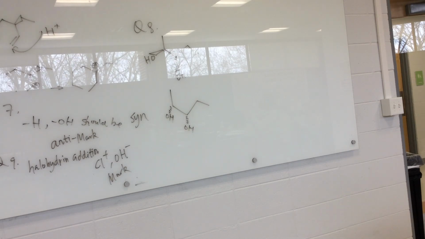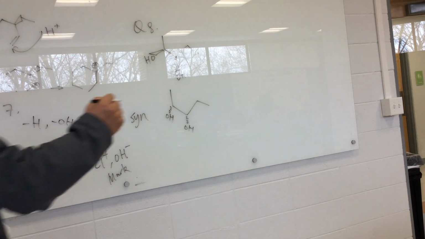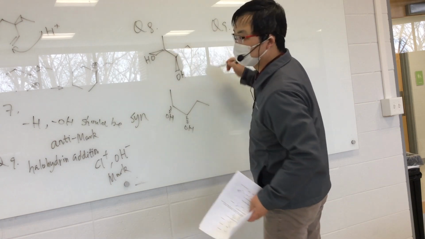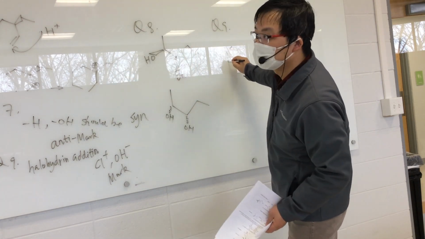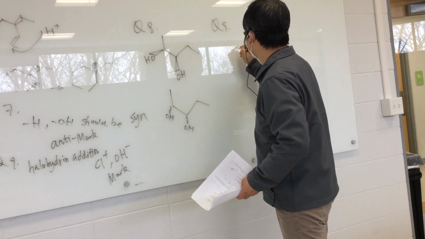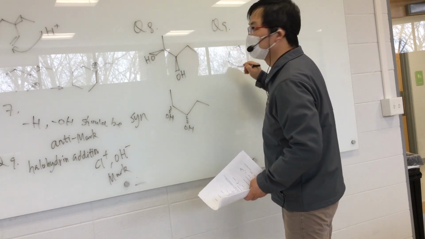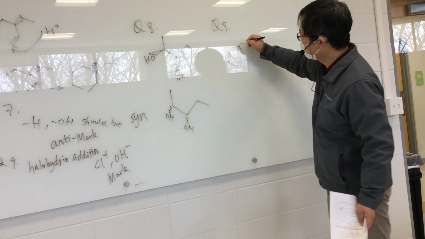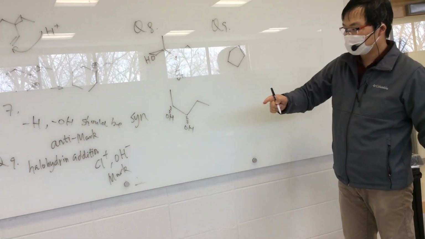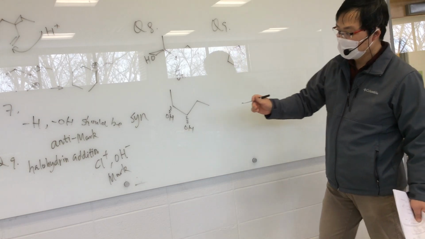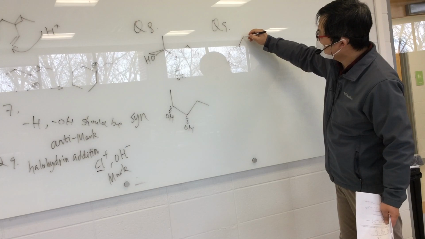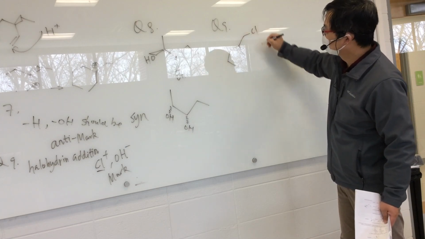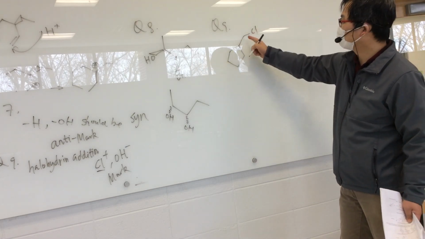Yeah, and then question 9. If you look at question 9, the structure is like this. This double bond is here, right? And it is Markovnikov addition, meaning the positive chloride will be added to this carbon, right?